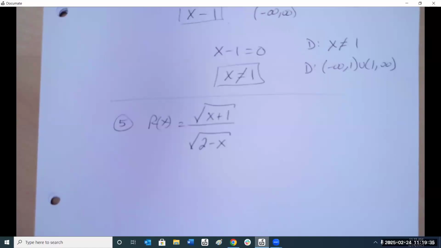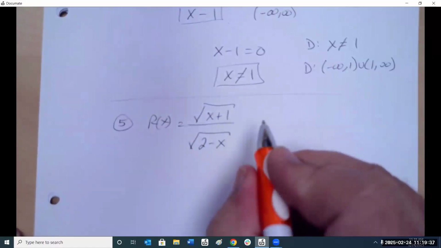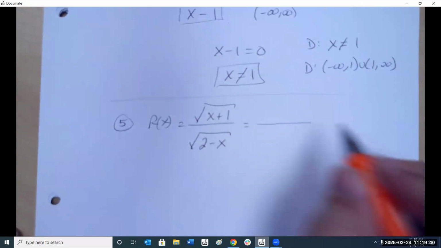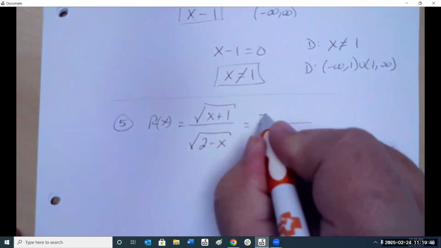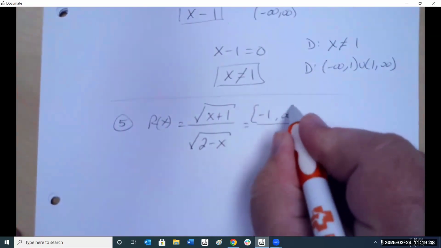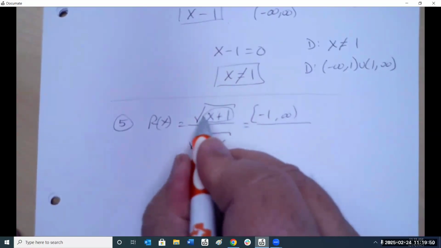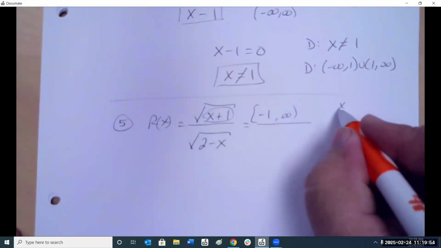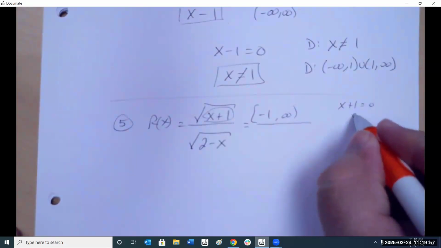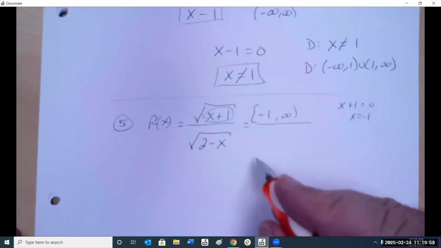So what's the domain on the top? Negative 1 to infinity, because whatever's inside there, set it equal to 0, we get negative 1. How about the bottom?